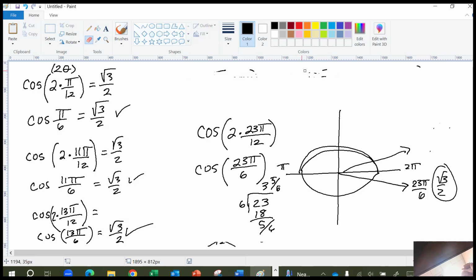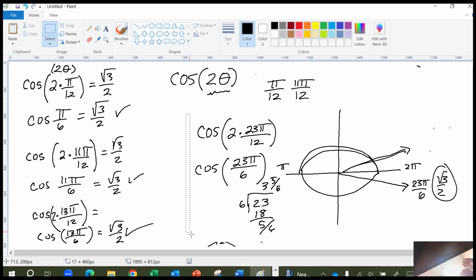The only thing we were not considering is that they were asking us for the cosine of twice theta, and I was treating our angles as theta. Remember, we were looking at those angles that we found, pi over 12 and 11 pi over 12 as theta, but remember, it's twice. So always approach it the same way.